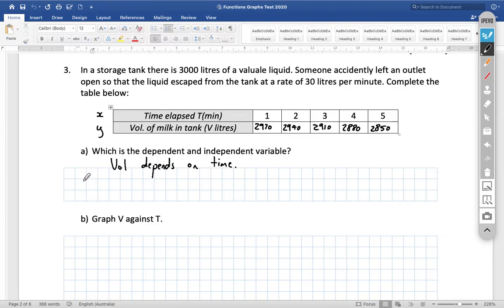Time is independent. When you're in science, they'll say the independent variable is the thing that you change, right? Time is the independent variable.